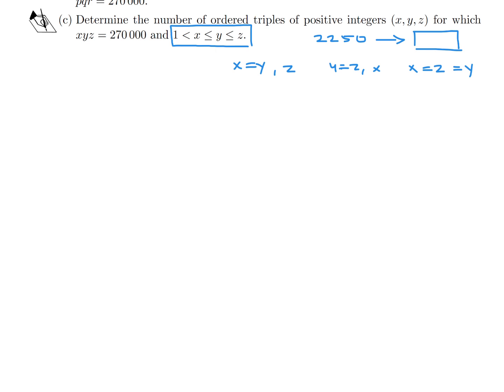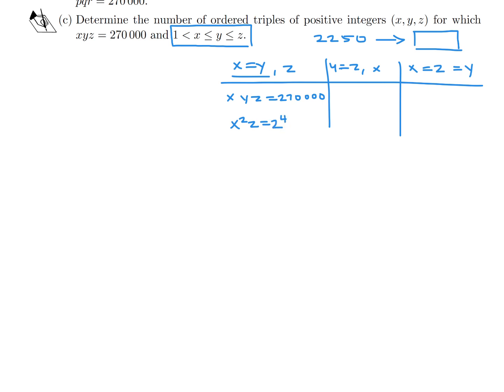All right, so if we have the first one, x, y times z is equal to 270000, then again, using this, it will be x squared z is equal to, and what was the prime factorization again? 2 to the power of 4, 3 to the power of 3, 5 to the power of 4, right?